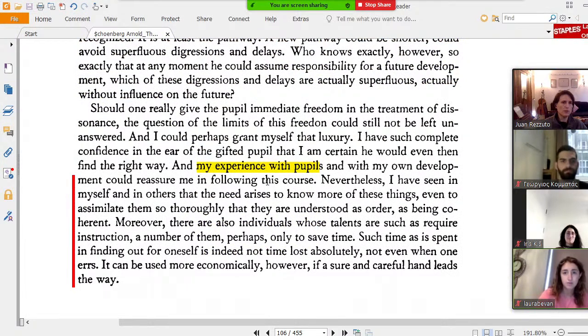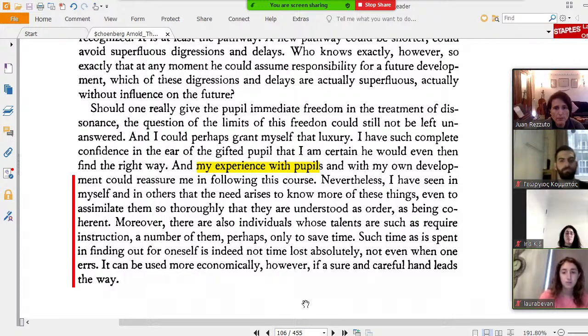My experience with pupils, because he was an amazing teacher, this guy, not only a genius, not only a composer, also a tutor. And with my own development could reassure me in following this course. Nevertheless, I have seen in myself and in others that the need arises to know more of these things, even to assimilate them so thoroughly that they are understood as order, as being coherent. Moreover, there are also individuals whose talents are such as require instruction.